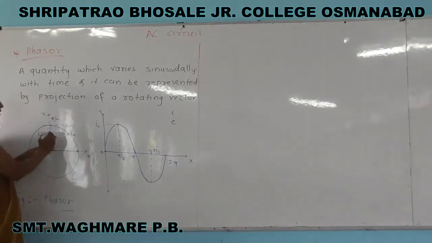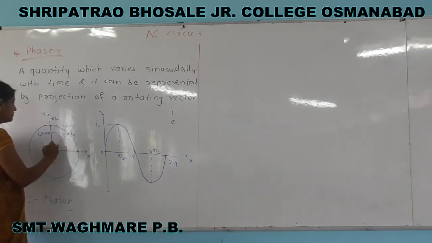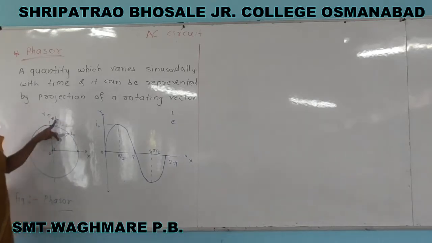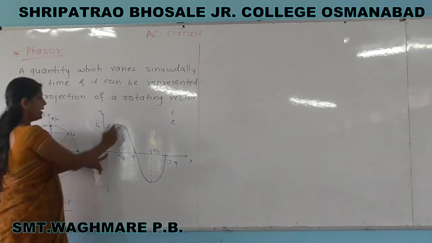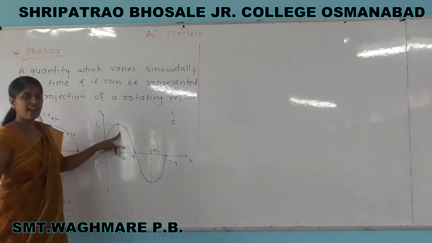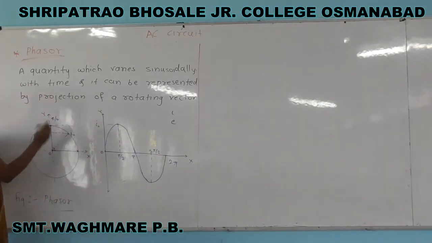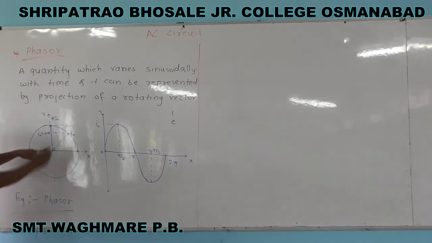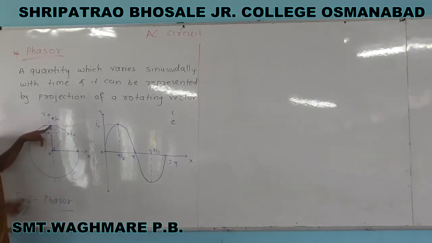When the vector is at this position, the angle is pi by 2, and we get the peak value of current, when we take a projection of this vector on the y-axis.